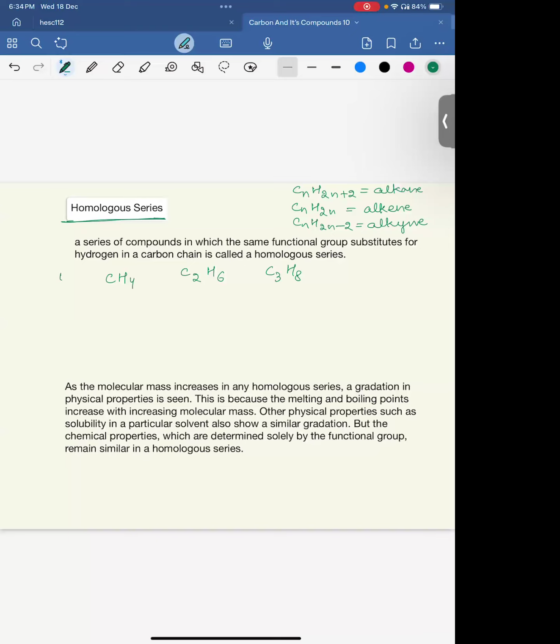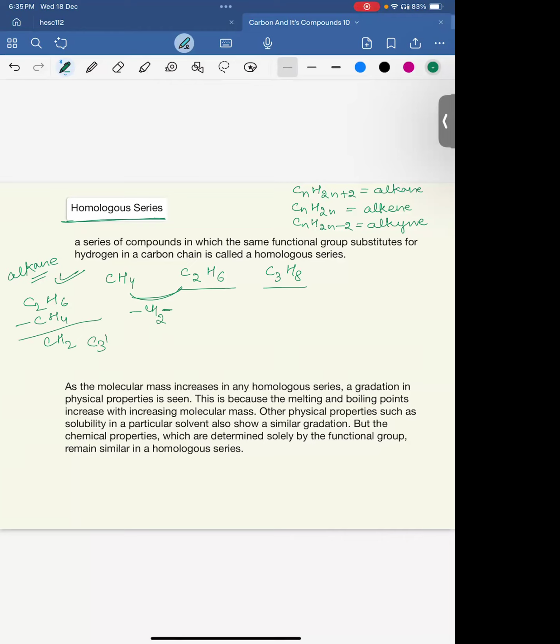So from that I wrote this series of alkanes. If we subtract C2H6 minus CH4, what will be the unit we are adding? We get 2 hydrogen and 1 carbon. That means we added CH2.